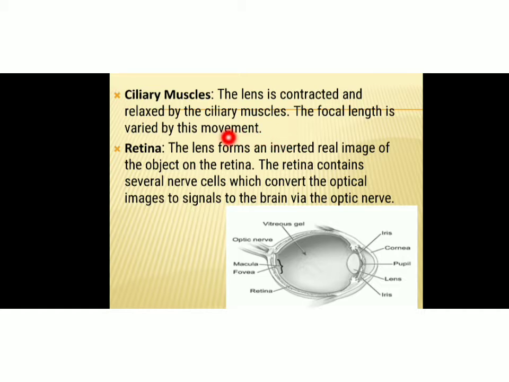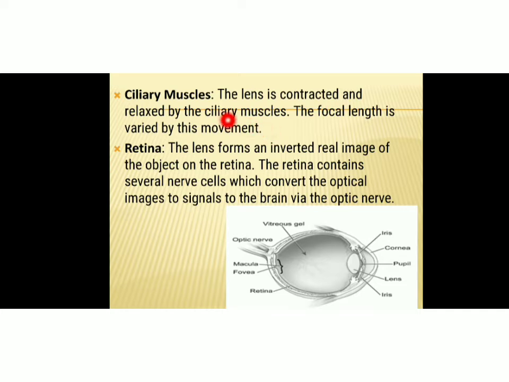Okay, so what is the importance of this contraction and relaxation by the ciliary muscles? Children, whenever we focus on a nearby object, our ciliary muscles need to contract in order to adjust the focal length of the eye lens. At the same time, whenever we focus on a distant object, our ciliary muscles will relax in order to adjust the focal length.